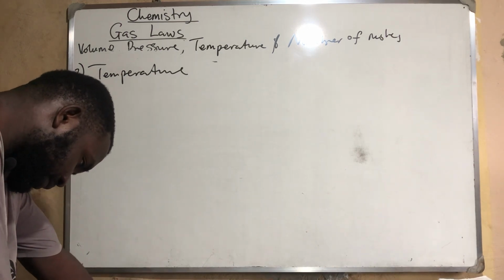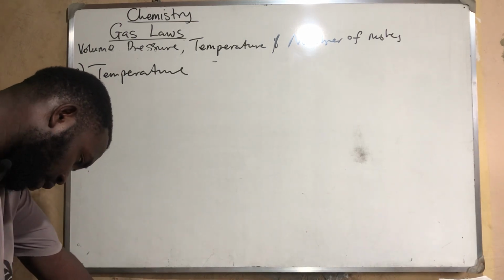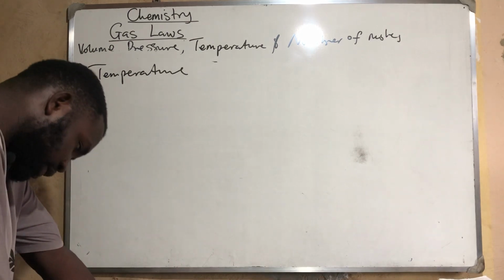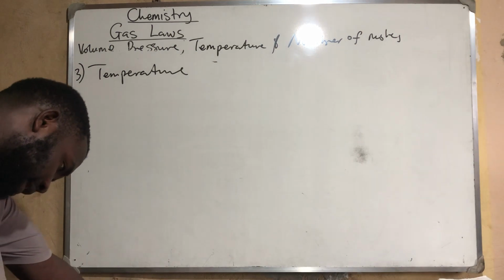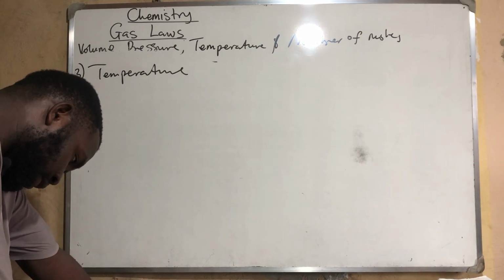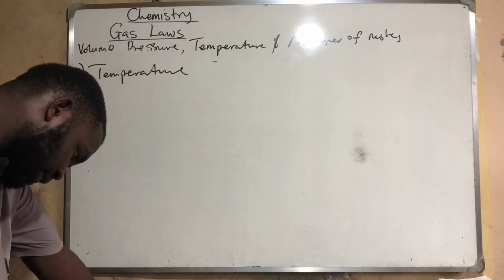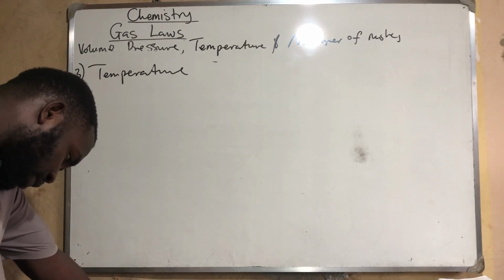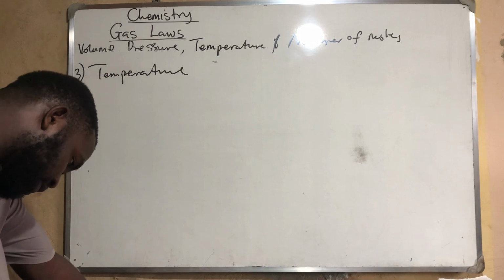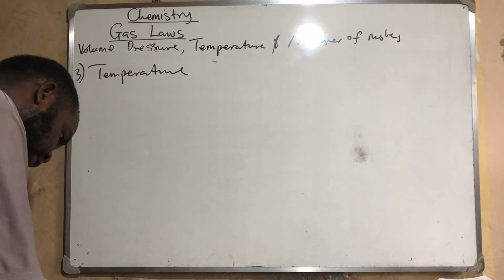It is a comparative measure of how hot or cold a material is. The coldest theoretical temperature is called the absolute zero. Now, for gas law, it is important to use the Kelvin scale of temperature.